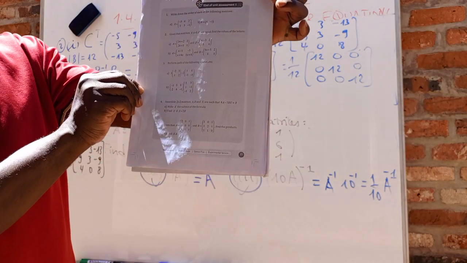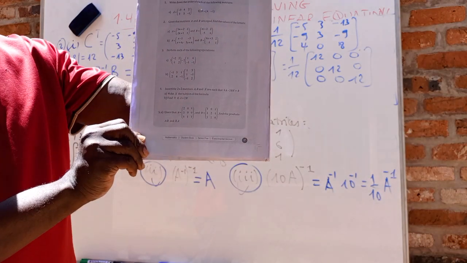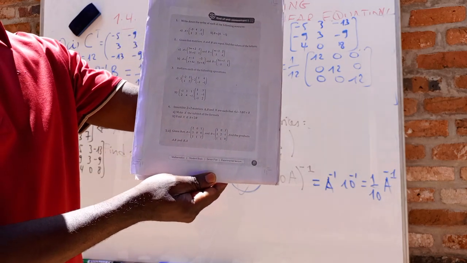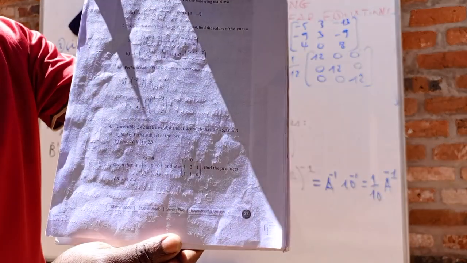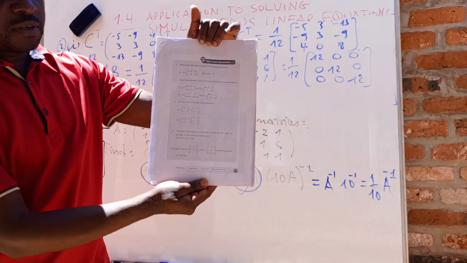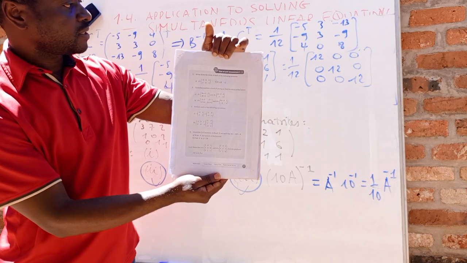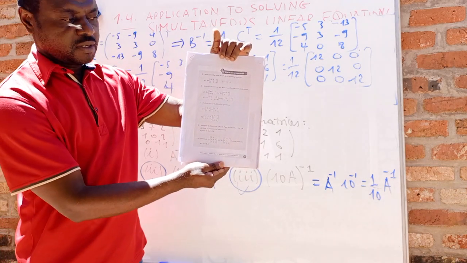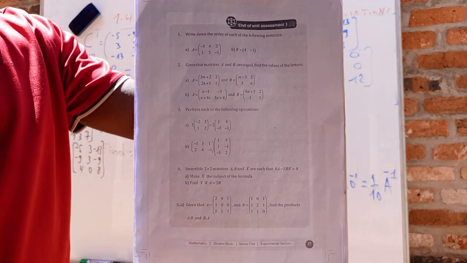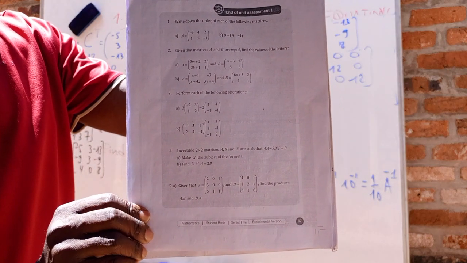I don't know if it is clear from this light. We have too much light here, but I hope this can be seen, so that if one is watching the video, we can pause and see this list of questions.